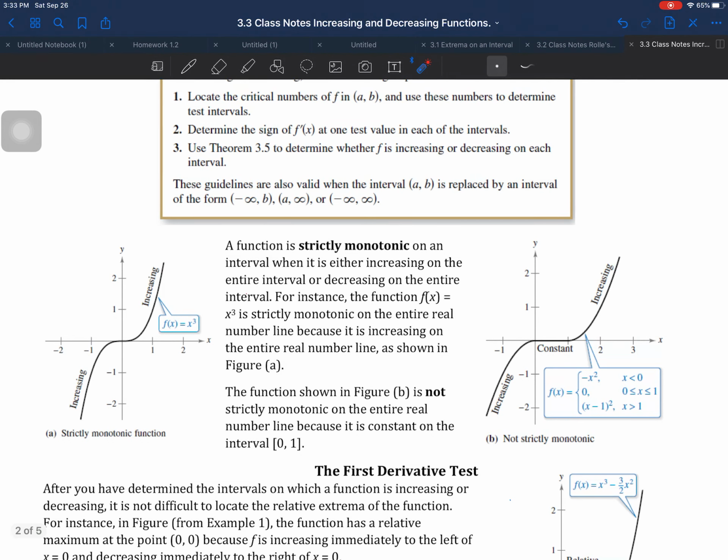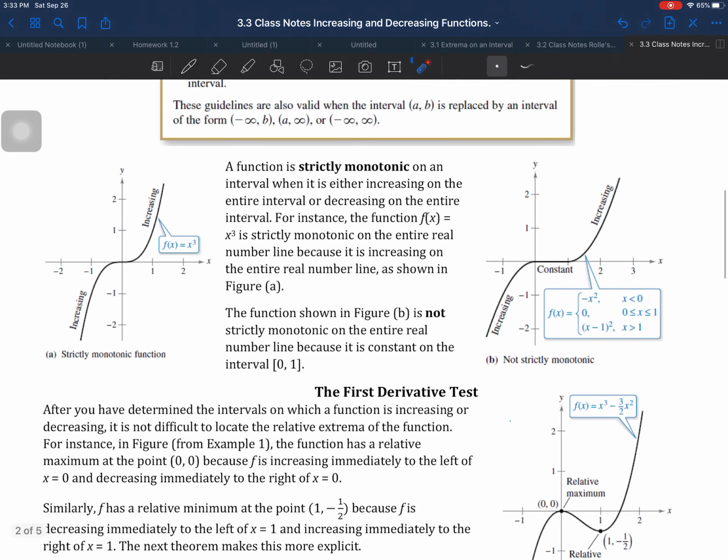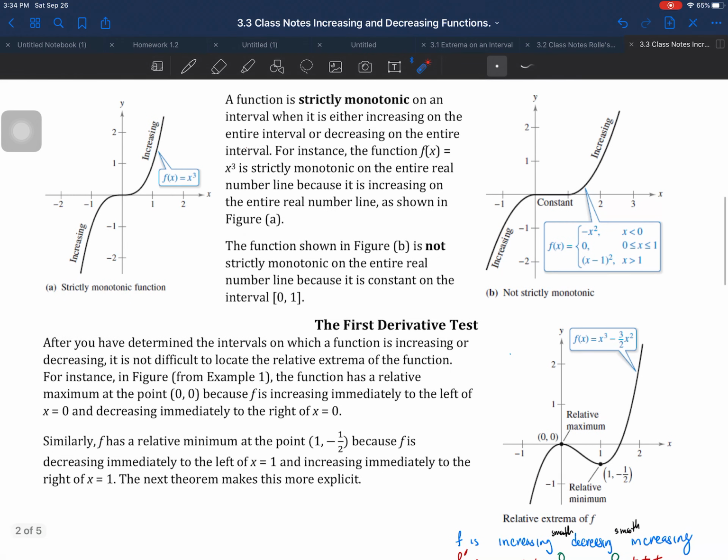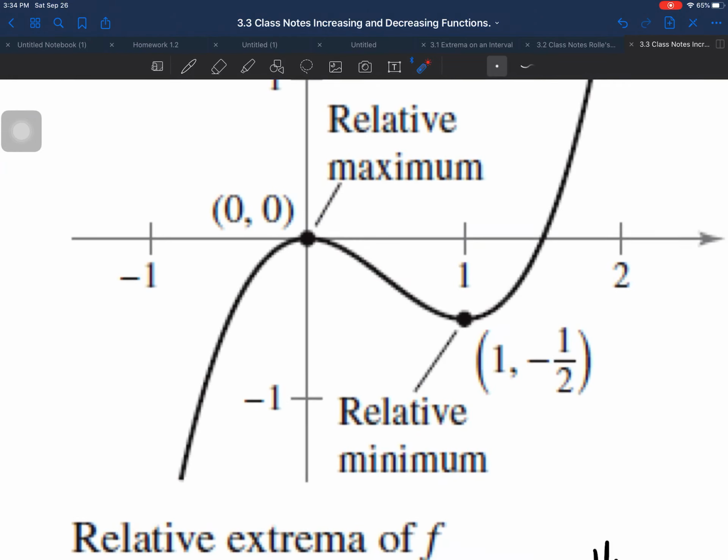So there you go. We already discussed increasing and decreasing intervals. We're going to be using this process over and over again when we use it for the first derivative test. So let's explore the concept of the first derivative test. Let's look at this graph. Our goal is to find relative max and relative min. If I zoom in here real quick, what does it mean to be a relative max?